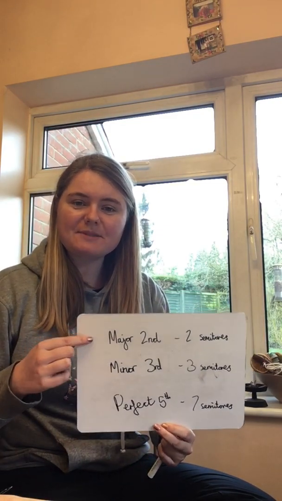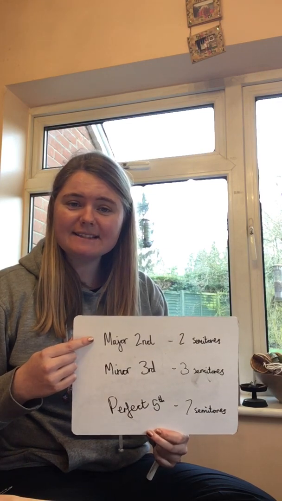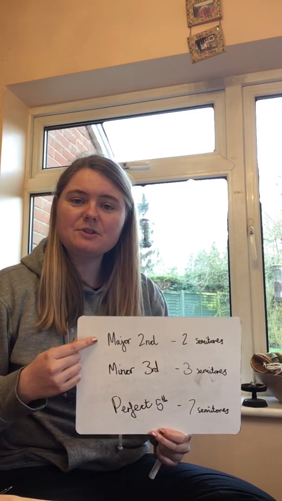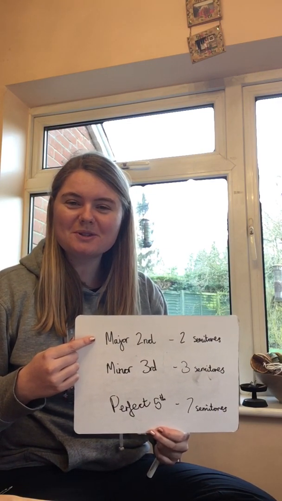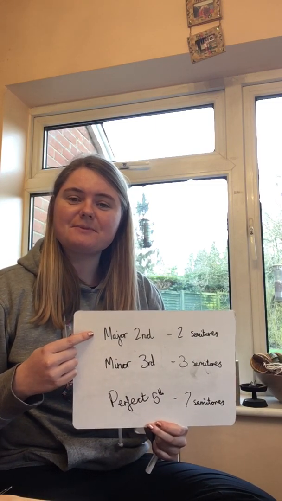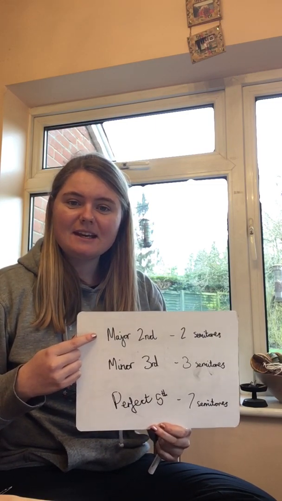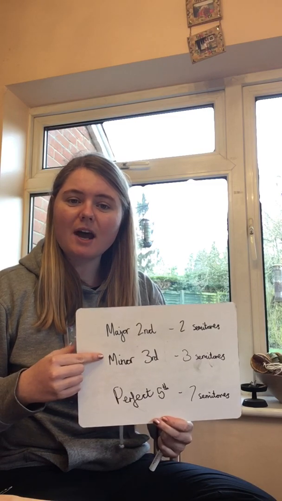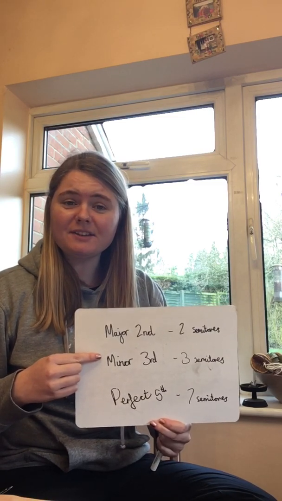So the intervals that you need at grade 5 are the following. We need to transpose using a major second, so that's the equivalent of 2 semitones or 1 whole tone. So this is for instruments in B flat. We need to transpose up and down by a minor third.